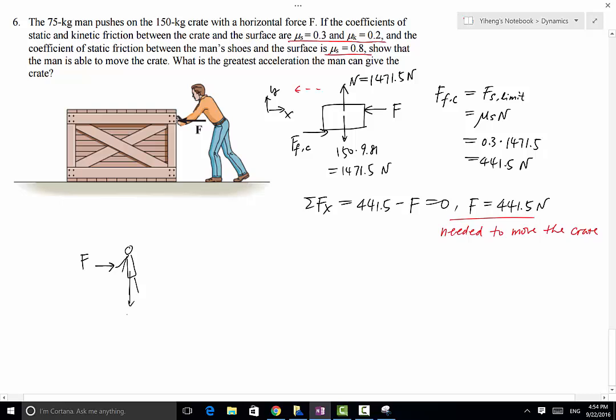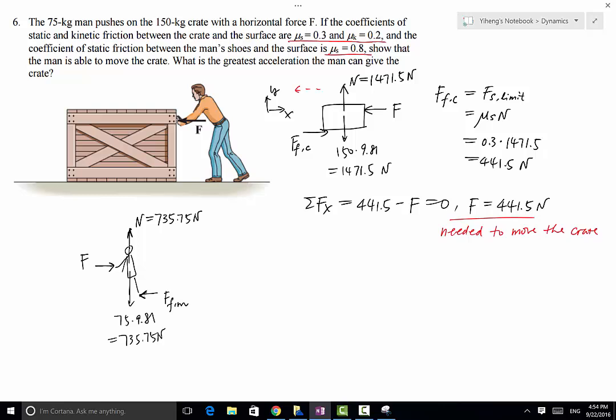He is of course subjected to his own weight, which is 75 times 9.81, which is 735.75 Newton. A quick equilibrium analysis along the vertical direction shows the normal force must be the same as the weight. And because the force acting on him is to the right, there's a frictional force to the left, trying to resist that tendency of motion of this man.